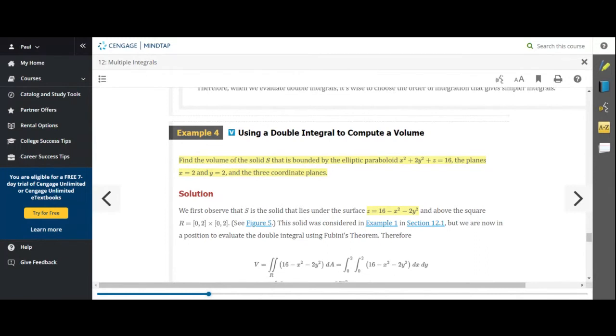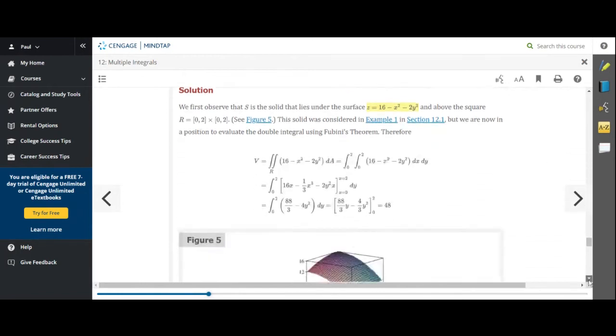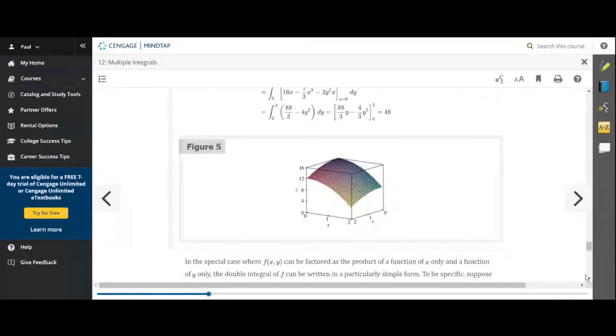So we can write the paraboloid as z equals negative x squared minus 2y squared. We could use ezsurf to graph that, and we would get a surface like this.